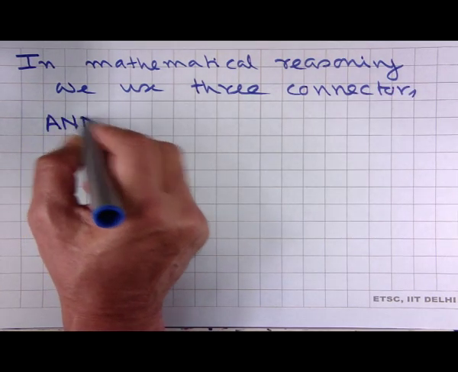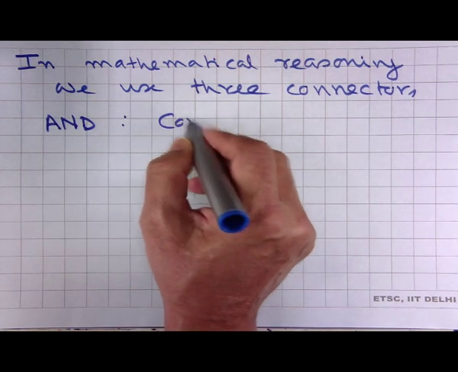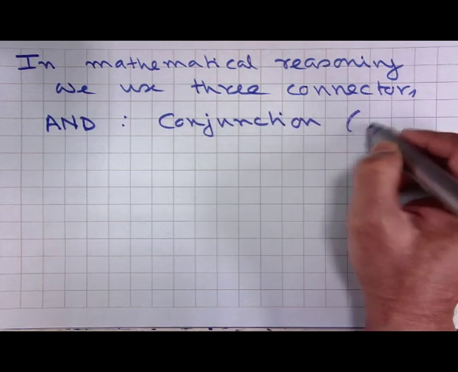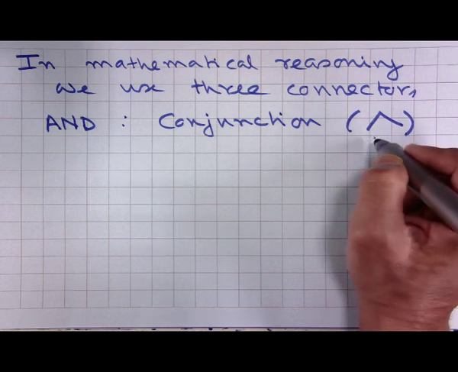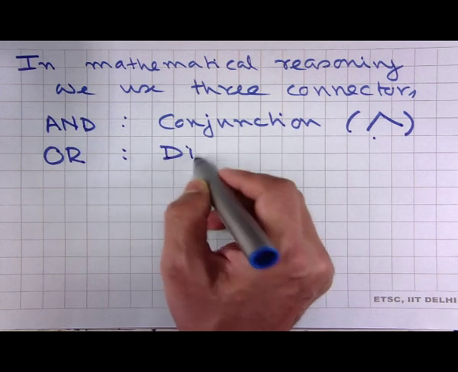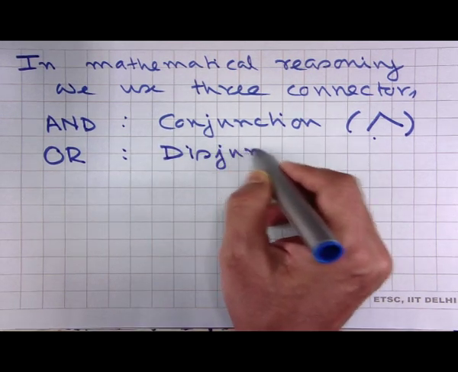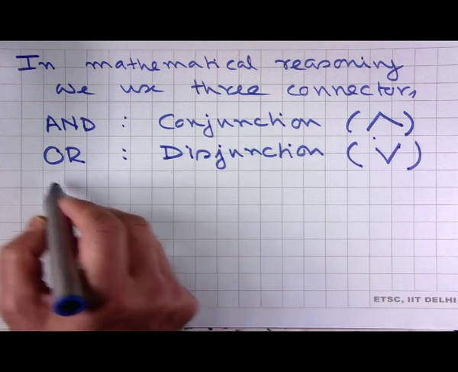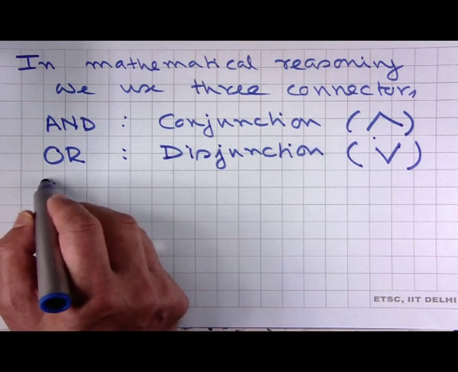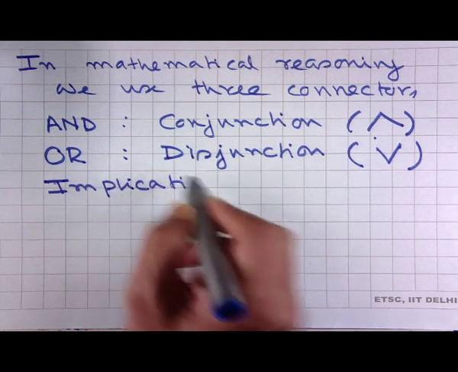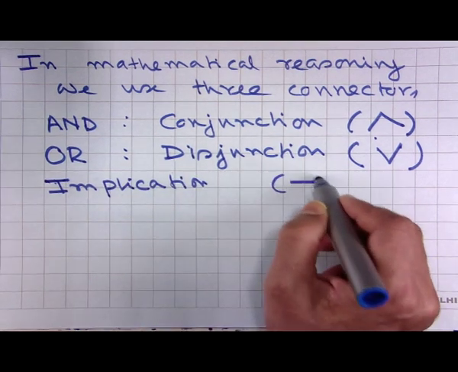And, which is a conjunction, and is denoted by this symbol; or, which is disjunction, and denoted by this symbol; and implication, which is denoted by this symbol.